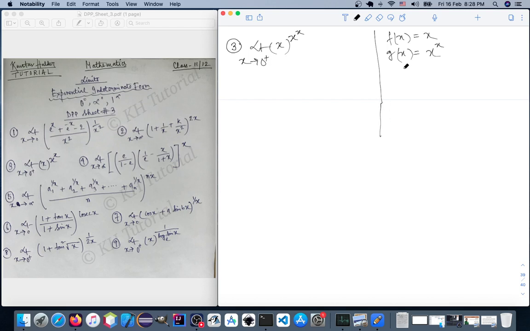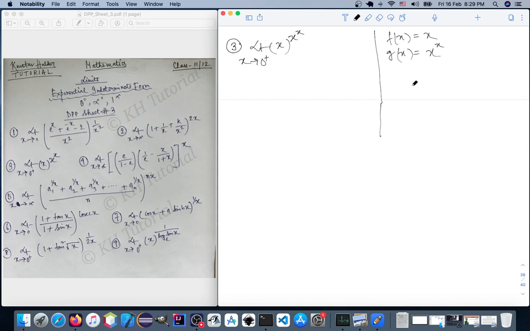Since f(x) is tending to 0, and with f(x) tending to 0 there is only one such indeterminate form, which is 0 to the power 0, most probably the limiting value of x to the power x will be 0, but still let's check that out.